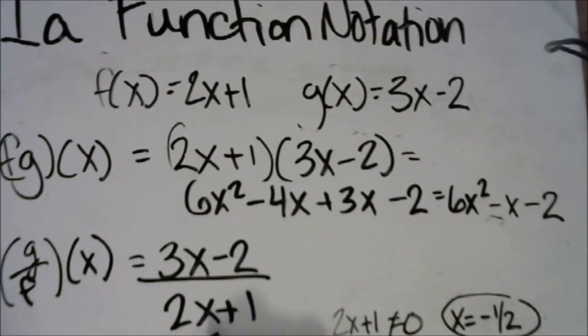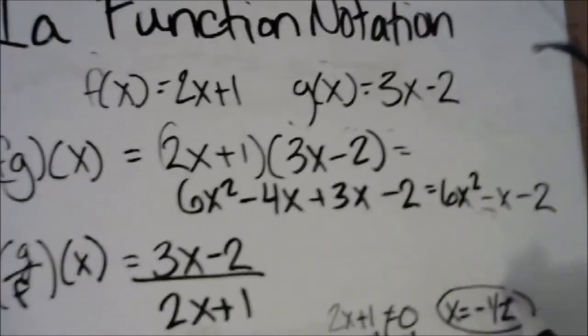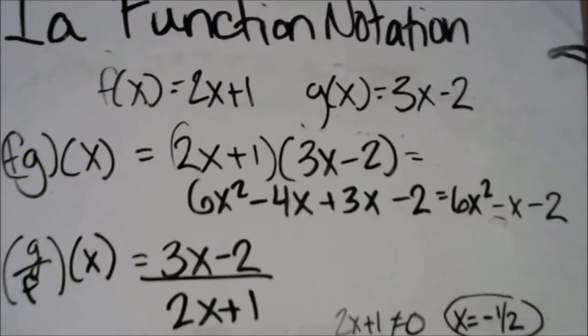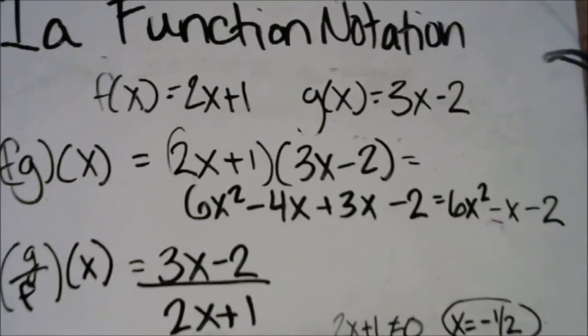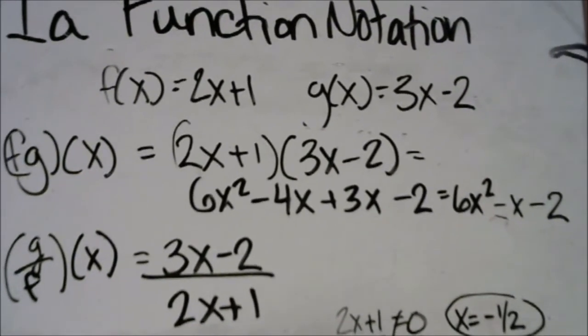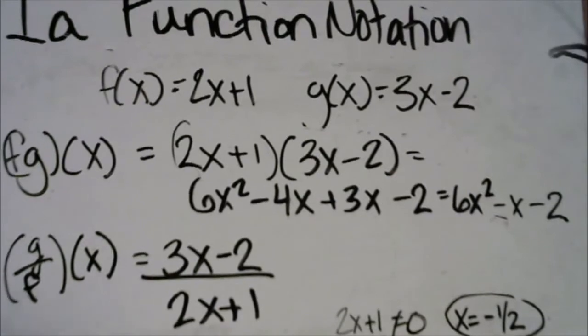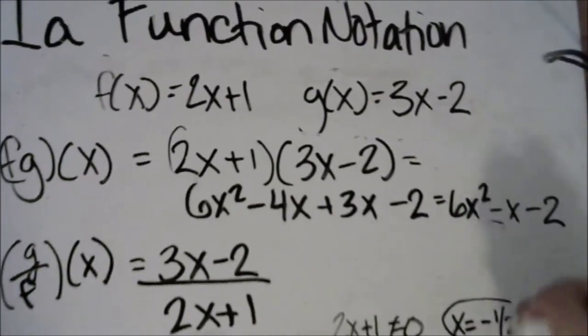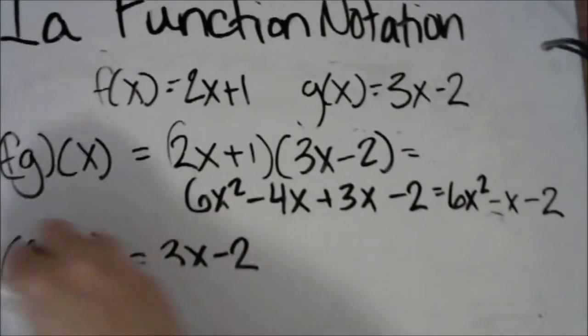Anytime you're creating a quotient or combining functions in a quotient, you want to check your denominator and identify the restricted values. The last question in this section of the notes is, what are two different ways you could evaluate f times g of negative 2? And it's a really good question, so I'm going to leave my answer for f times g visible and just erase my quotient.